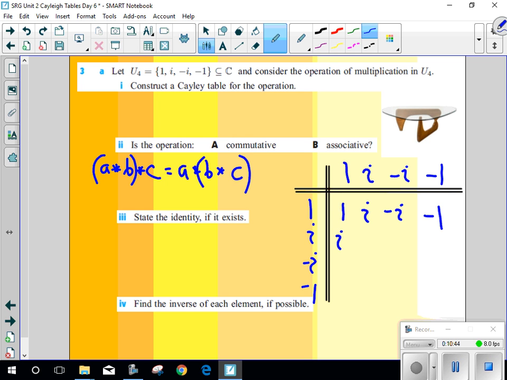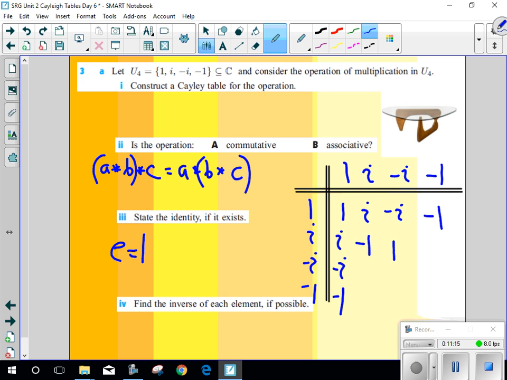I like to do these. By the way, because these are the same, what's the identity going to be? Yes. It's going to be 1 because these are all the same. Then the inverse we'll get to, but let's finish off the table. So i times i was -1. i times -i is what? It is 1.